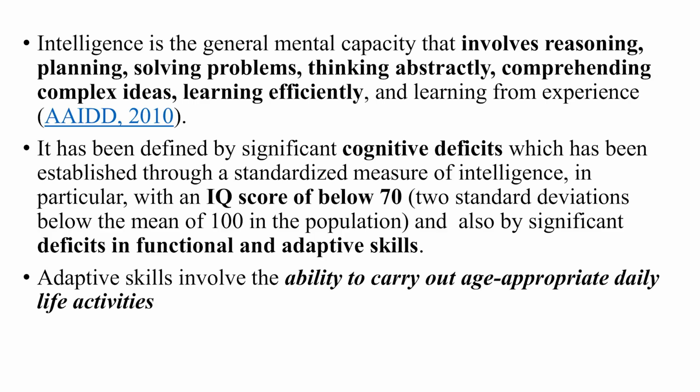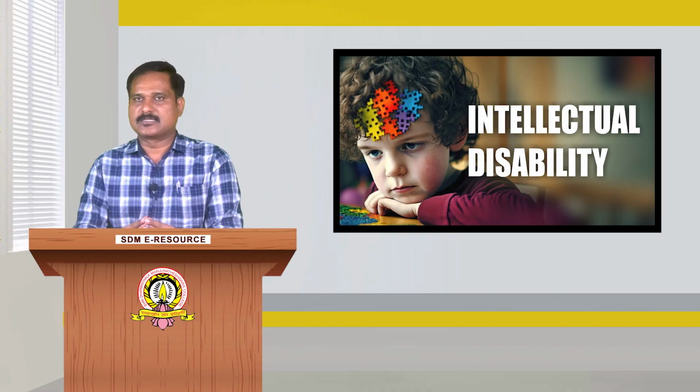Intelligence is the general mental capacity that involves reasoning, planning, solving problems, thinking abstractly, comprehending complex ideas, learning efficiently, and learning from experiences. This is the general definition of intelligence.